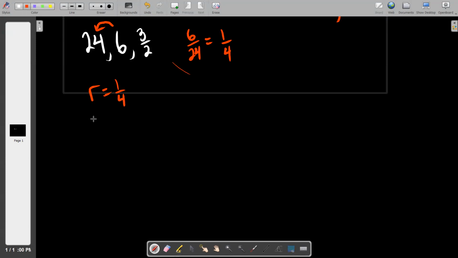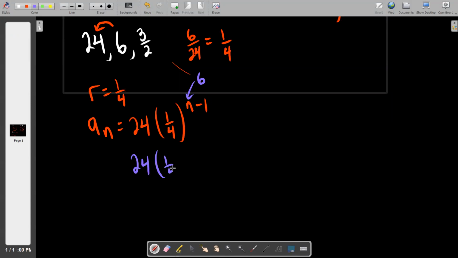And then for my explicit formula, I'm just going to say that a sub n equals the first term times the common ratio to the power of n minus 1. And since this problem asks us for the 7th term, we're going to type in 24 times 1/4 to the power of 7 minus 1.